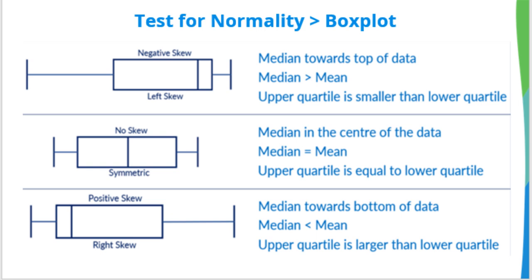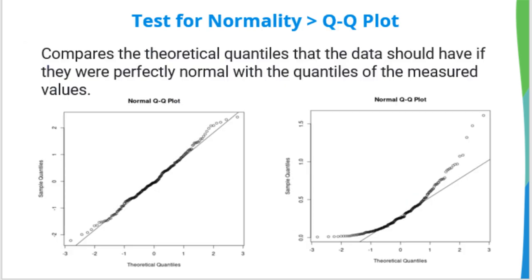So we also have what they call QQ plots. A QQ plot compares the theoretical quantiles that the data should have if they were perfectly normal with the quantiles of the measured values. We have a theoretical value and we have a sample quantile.